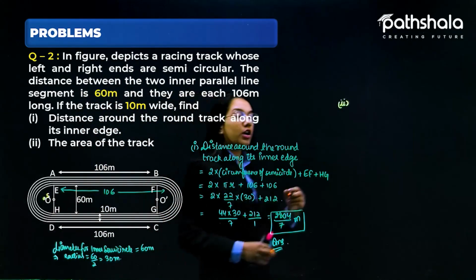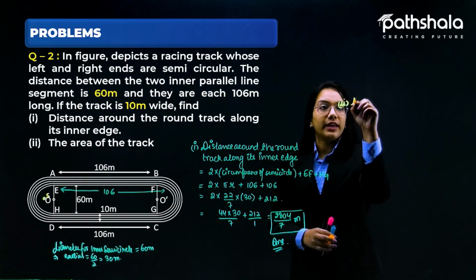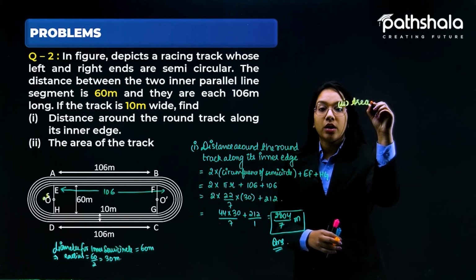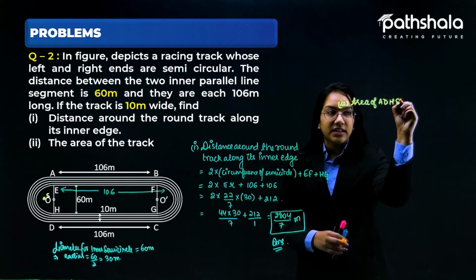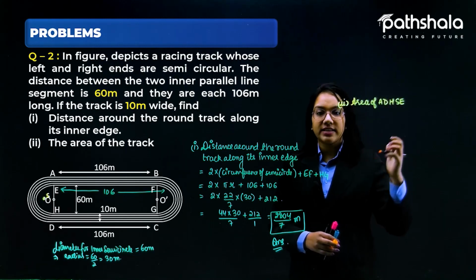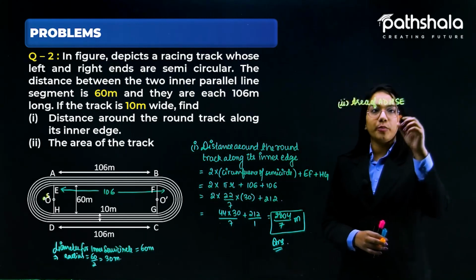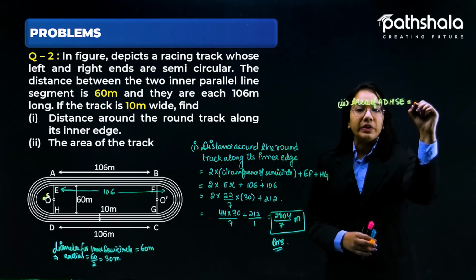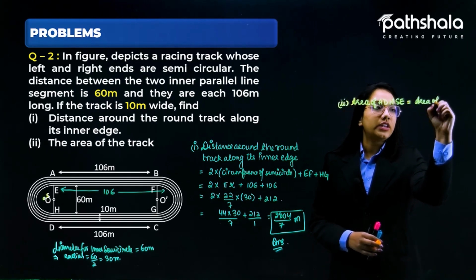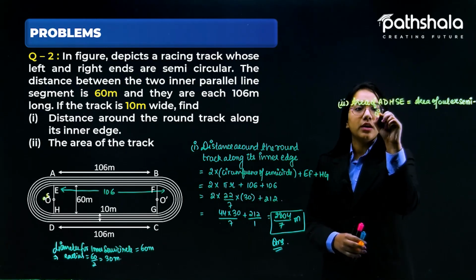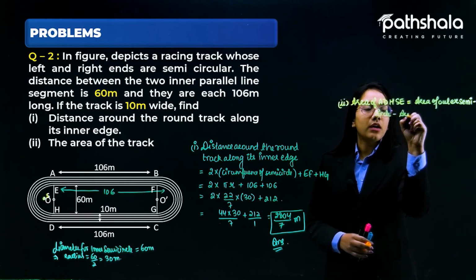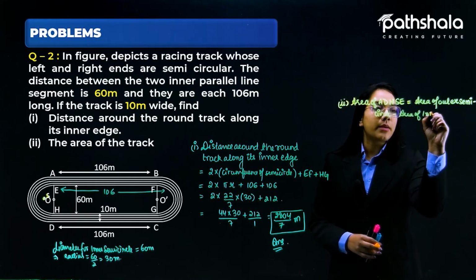So first of all, we are starting with finding the area of ADHSE. This would be equal to the area of the outer semicircle minus the area of the inner semicircle.